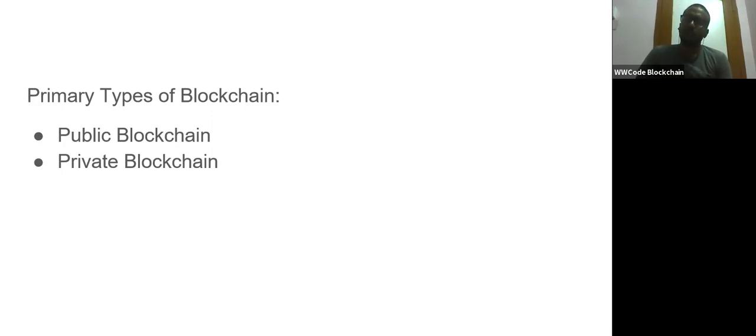What is proof of work? Proof of work is the 51% rule: the people must accept and validate the transaction, and only then is it stored in the block. Let's see how a transaction happens in proof of work in the real world.